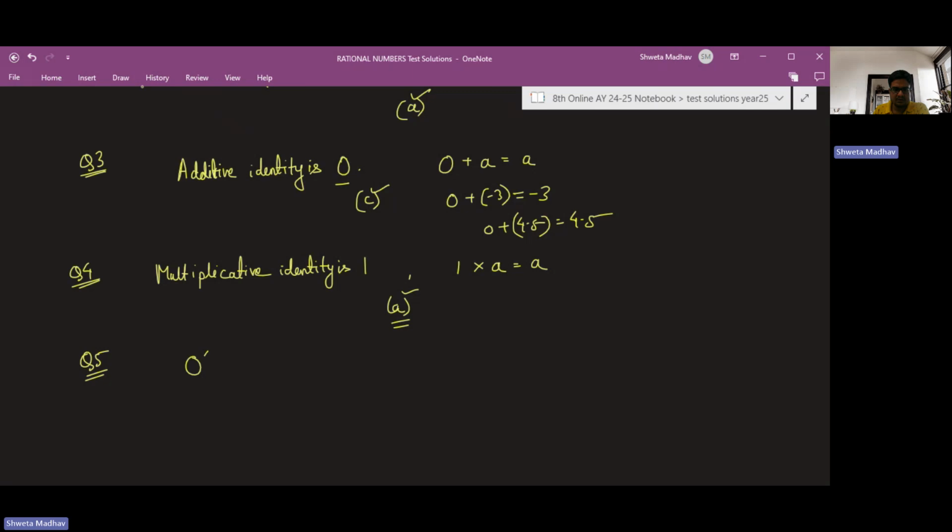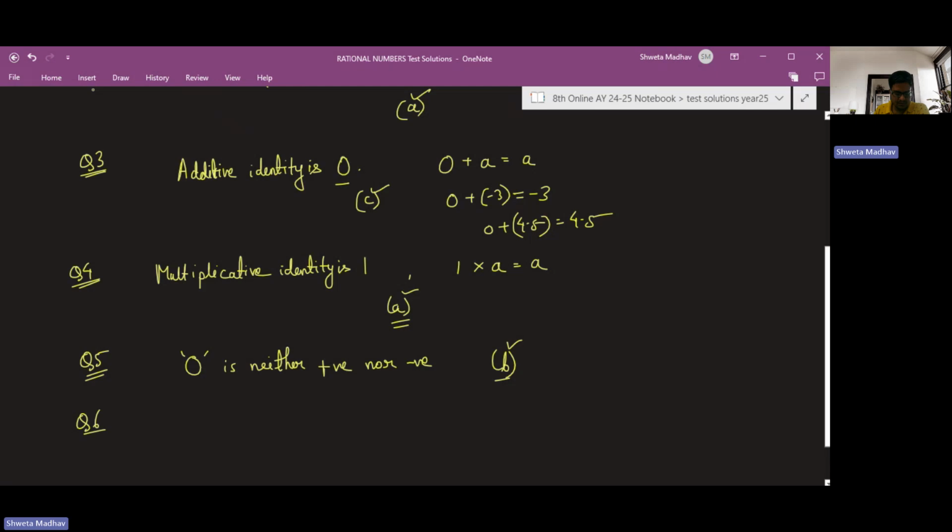So we know that 0 is a rational number which is neither negative nor positive. So hence option B is the correct answer.